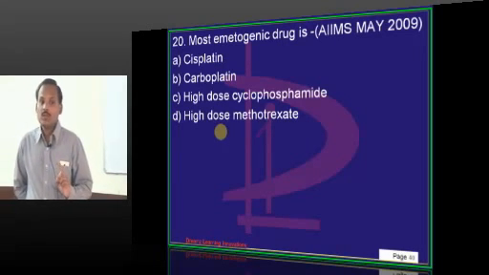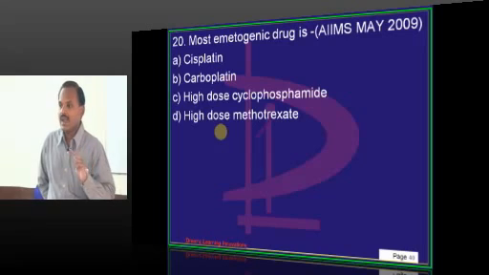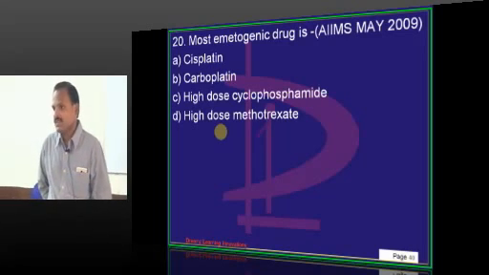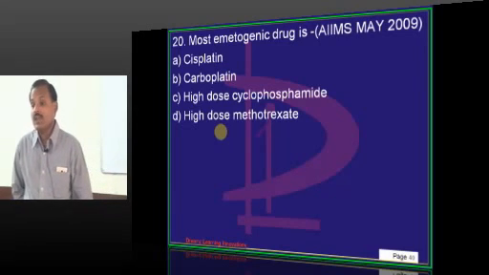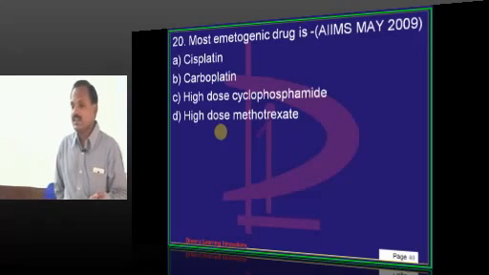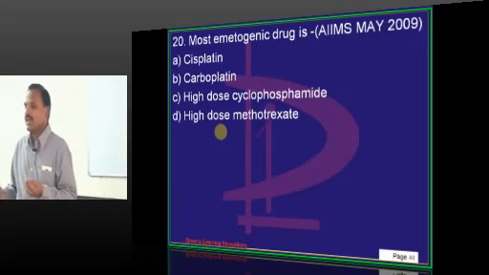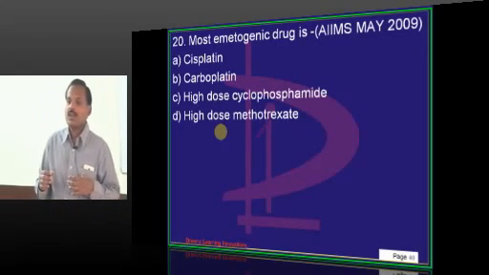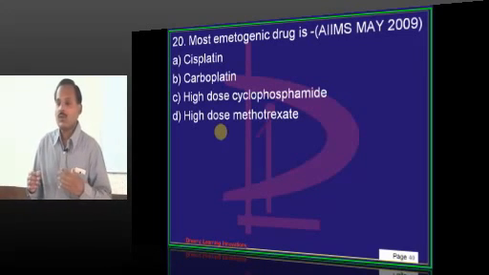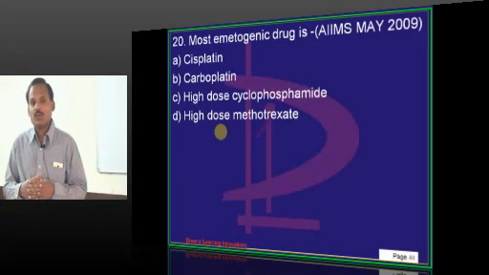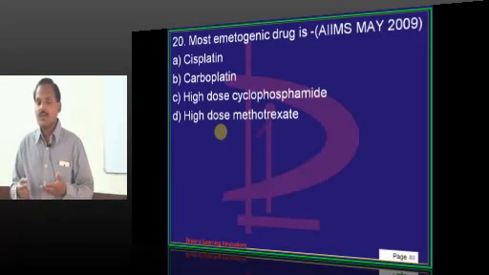If you give folic acid with 5-fluorouracil, the anti-malignancy action of 5-fluorouracil will be enhanced. This is an AIIMS question. Why folic acid enhances 5-fluorouracil's anti-malignancy action: you have to go back to the mechanism of action of 5-fluorouracil. 5-fluorouracil gets converted to 5-fluorodeoxyuridine monophosphate, which becomes 5-fluorodeoxyuridine triphosphate.